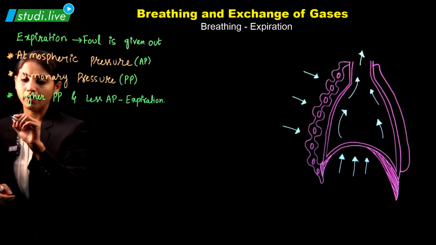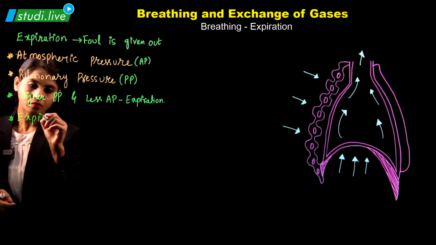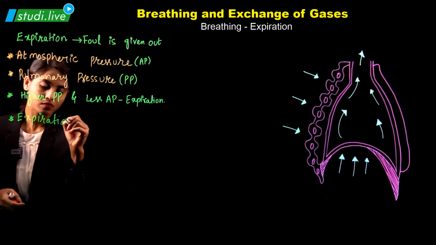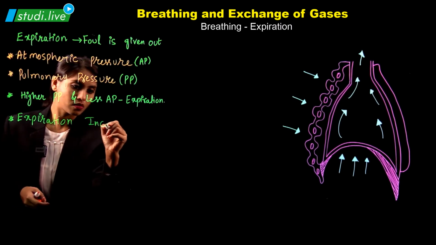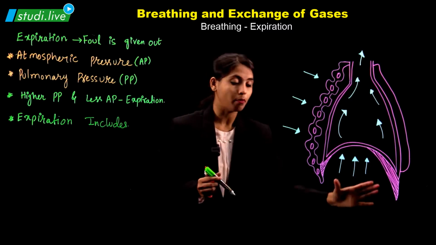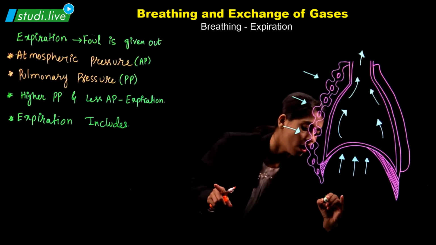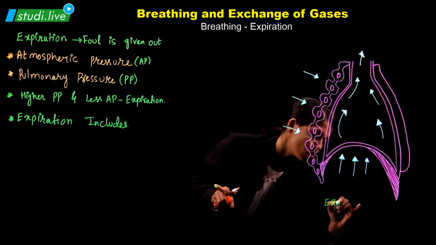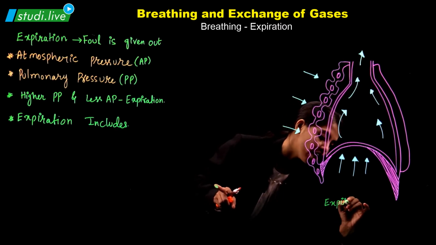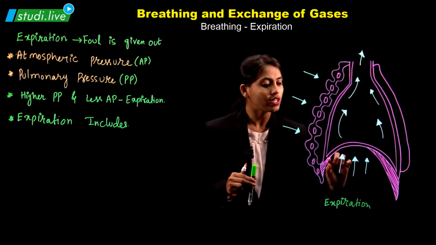So, expiration includes... here in the diagram, the intersection of the lungs that I have tried to draw over here, we are understanding the process or mechanism of expiration. Okay, students, as you can see, what is this?